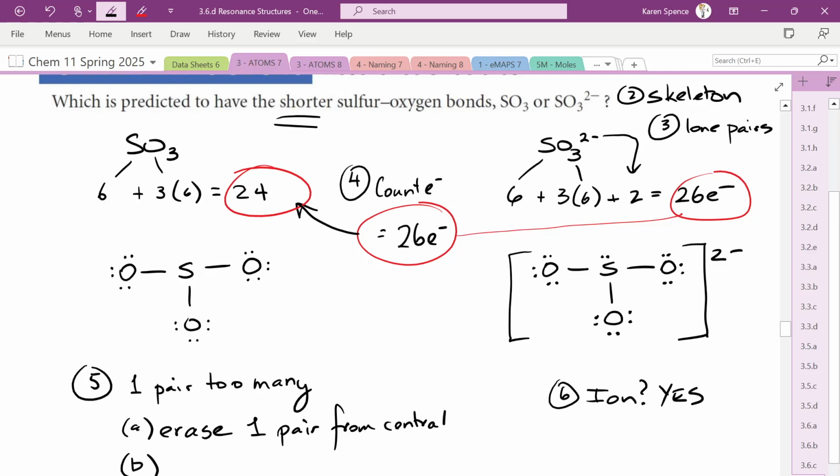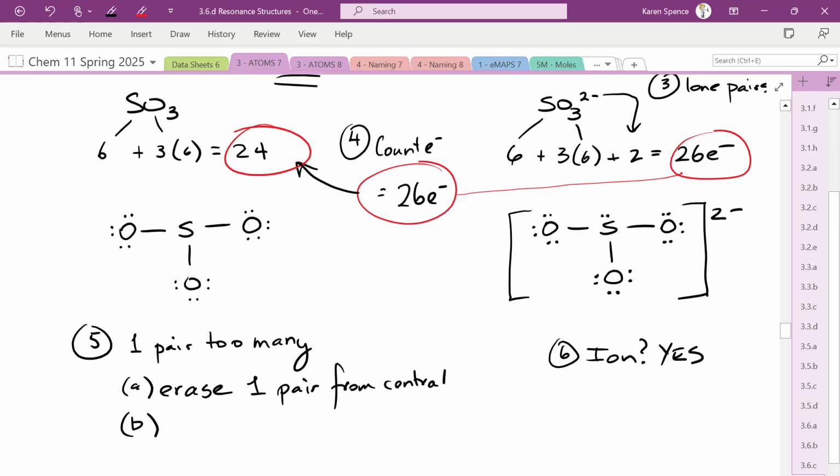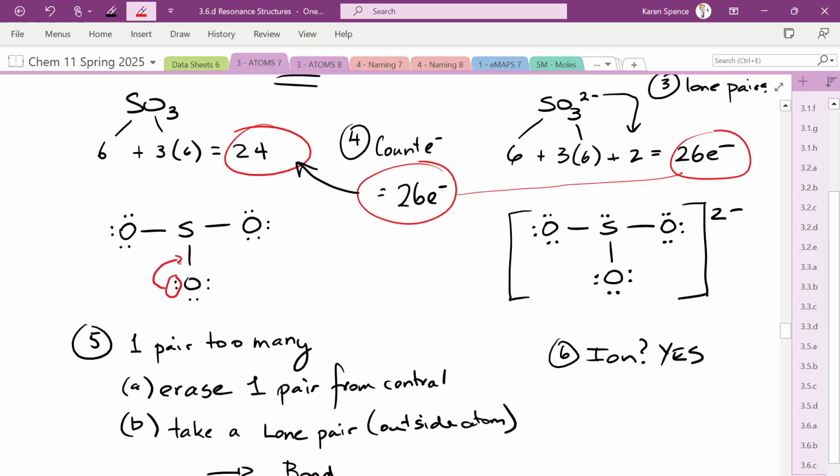And we take a lone pair on an outside atom, and we turn it into a bond. Okay, so let's take any old one. Doesn't matter which one. Let's grab this one. Here we go. Boom. There we go.